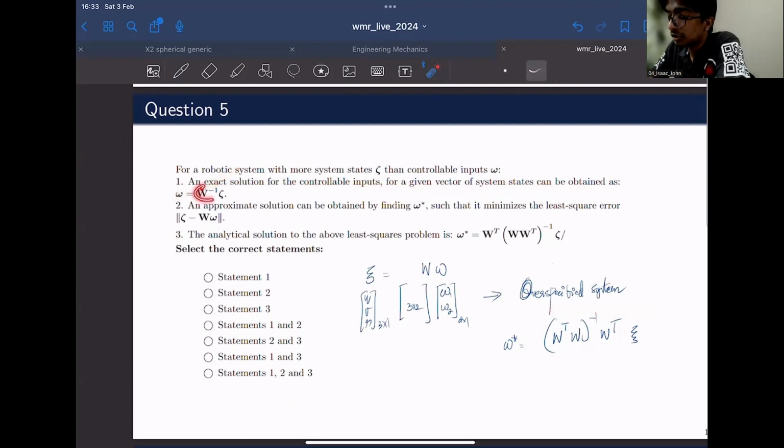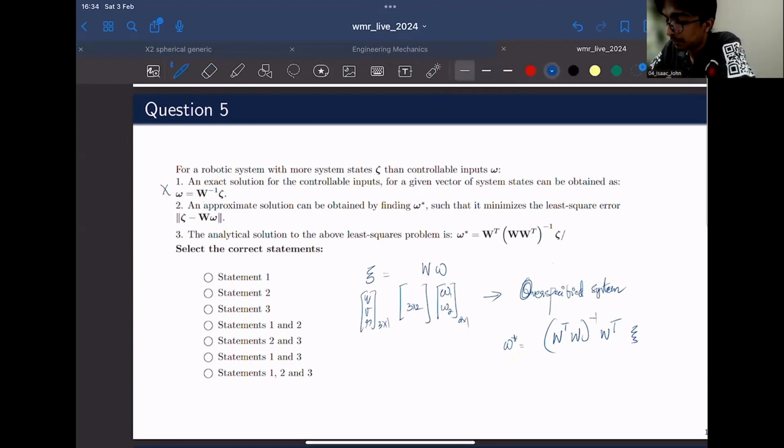It also says we can simply take a regular inverse rather than a pseudo inverse. You cannot obviously take an inverse just like this as you would in the case of a square matrix. You have to take a pseudo inverse, because non-square matrices are not invertible as a square matrix.